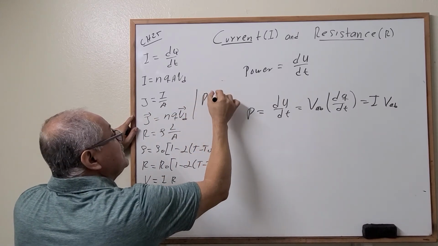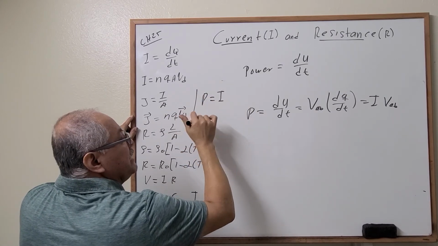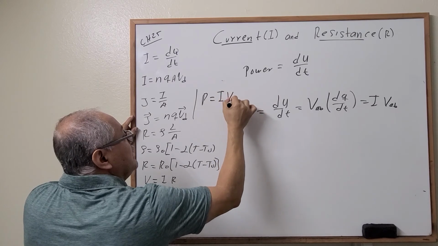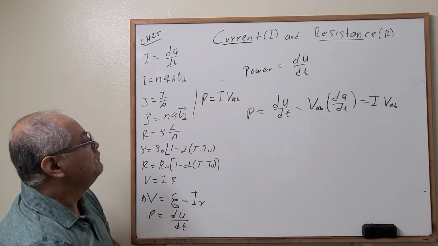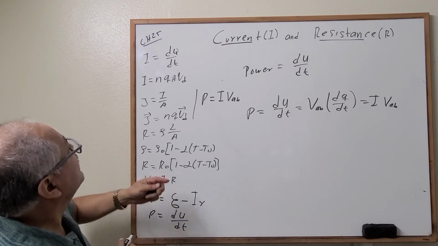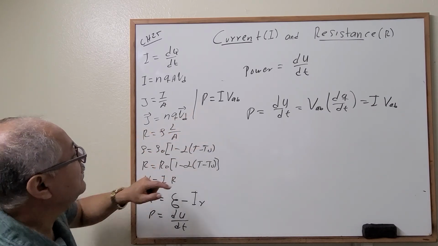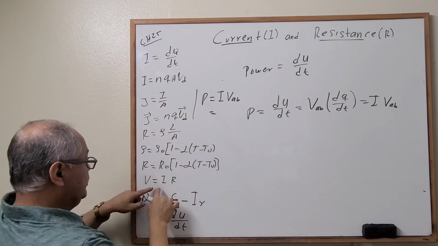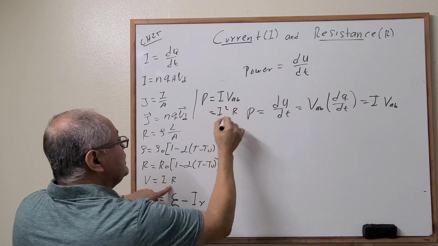Power is equal to current times, usually we use average power here, this voltage. Also, we can use Ohm's law and plug it in here. What do we have? It's going to be current squared times the resistance.